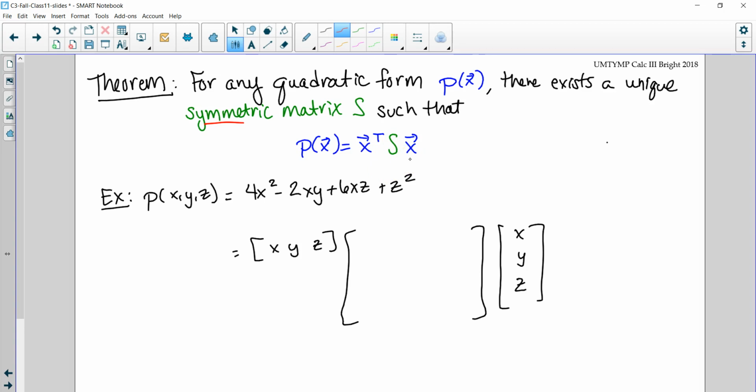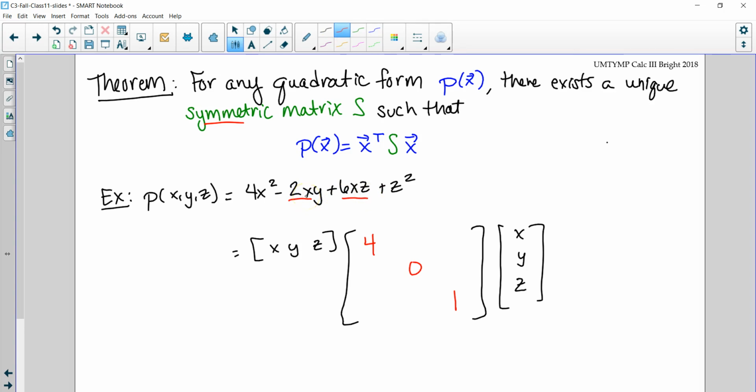Just as a quick example, we saw this previously. I can put the squared values along the diagonal. So 4, I don't have y, so that would be a 0, and then a 1. Then for symmetry, I have to take each of the coefficients and divide them by 2 and split them equally among their components.